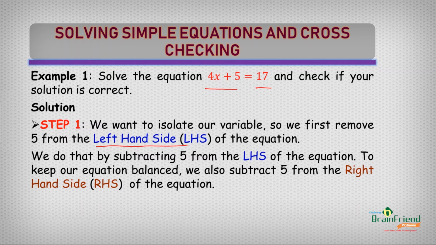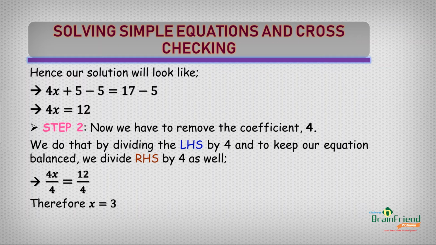And to keep our equation balanced, we also subtract 5 from the right-hand side of our equation. So, our solution will look like 4x plus 5 minus 5 is equal to 17 minus 5. This will give us 4x is equal to 12.